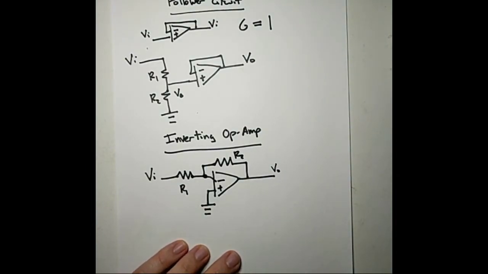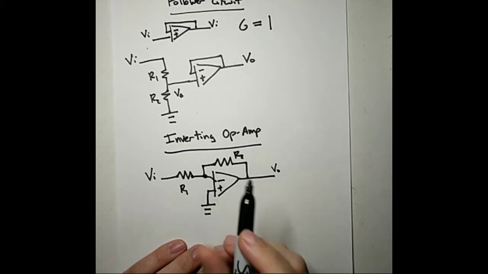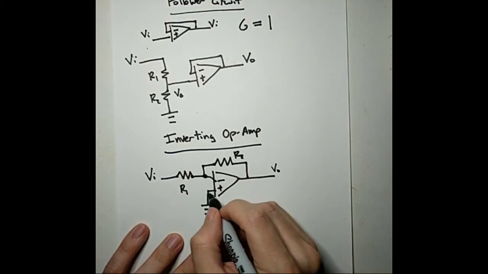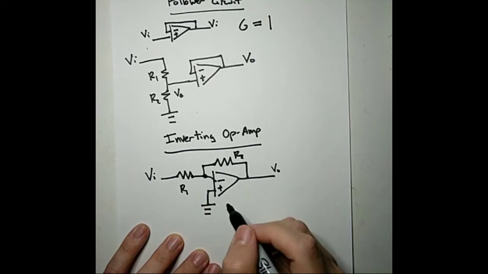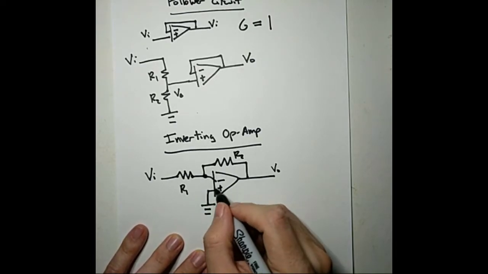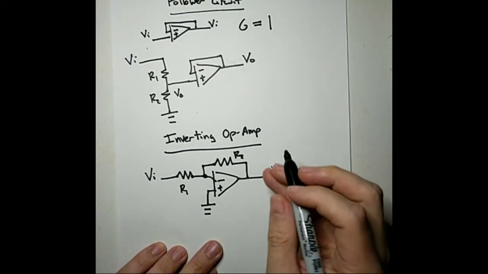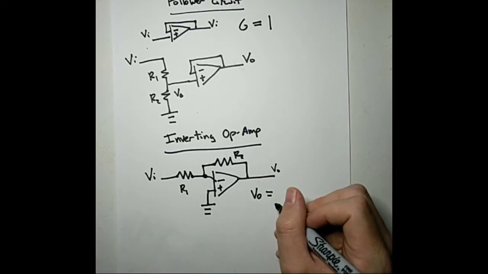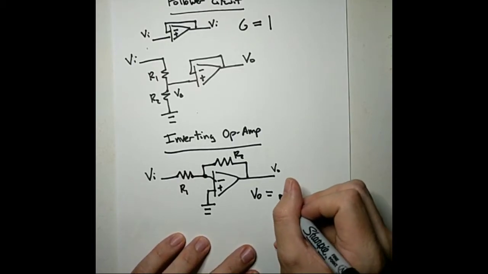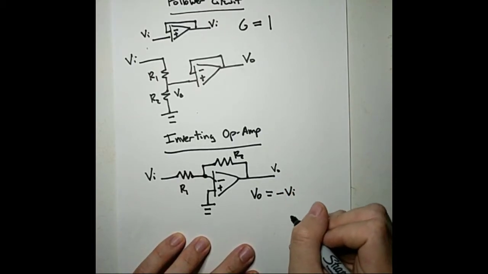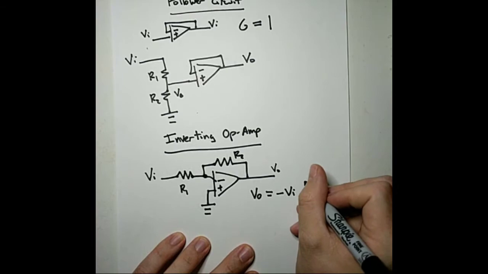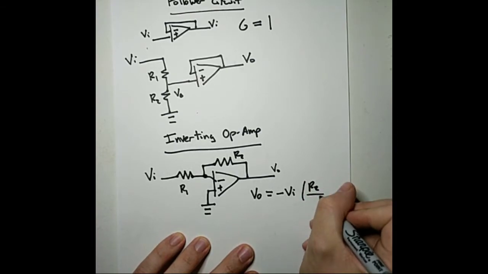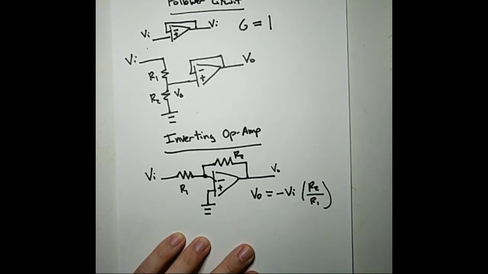So I'm not going to go through the math on this, but if you say that since this is at 0 volts, this spot has to be 0 volts, so we get no current, you can find that V out must be minus VI times R2 over R1.